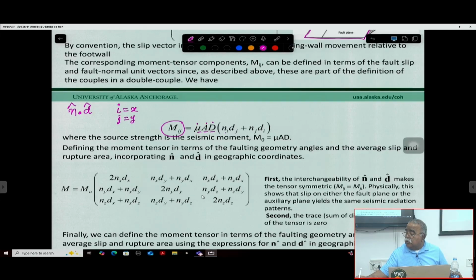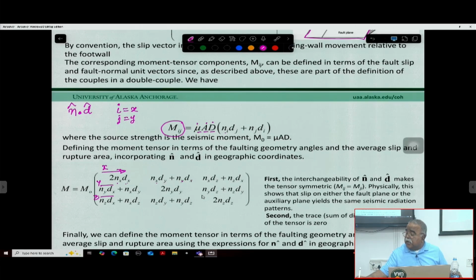If you have both x, then this is nx dx. Where it is x and y, this part will be nx dy plus ny dx, because this part is all with the x, then this will be all with the y, this will be all with the z, right?